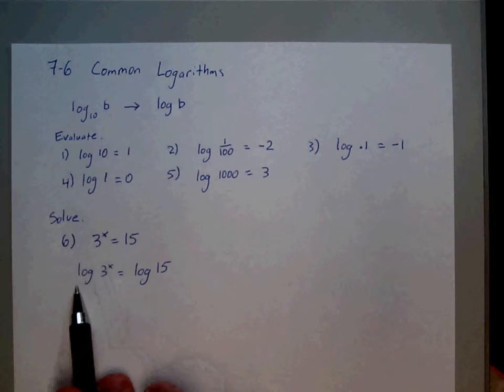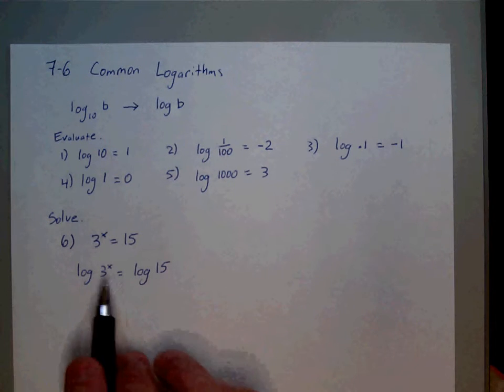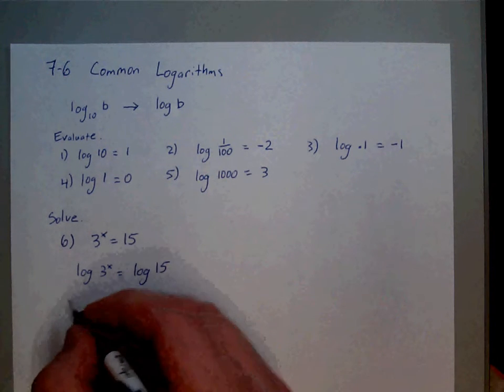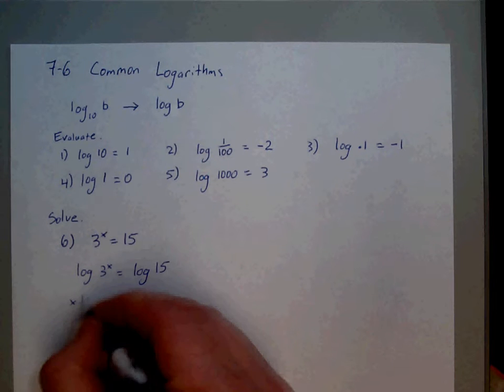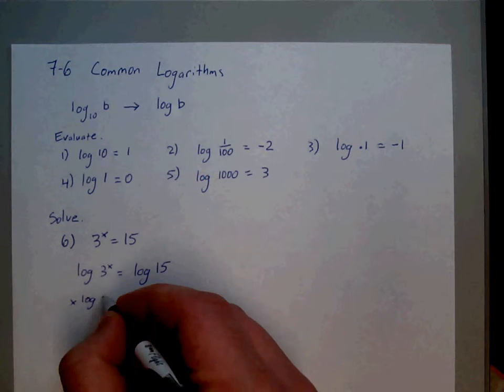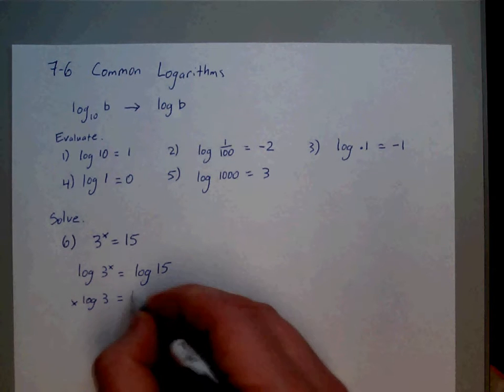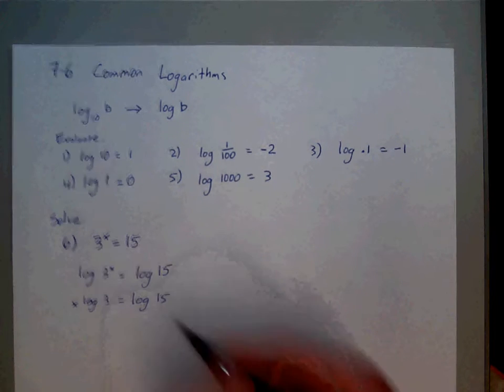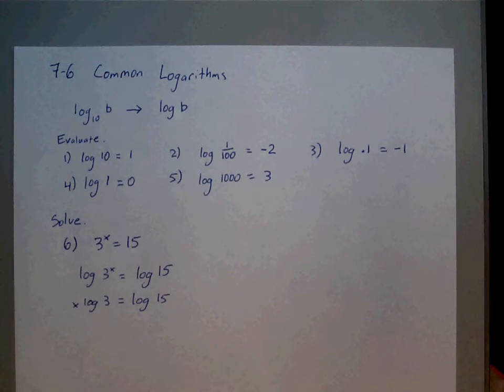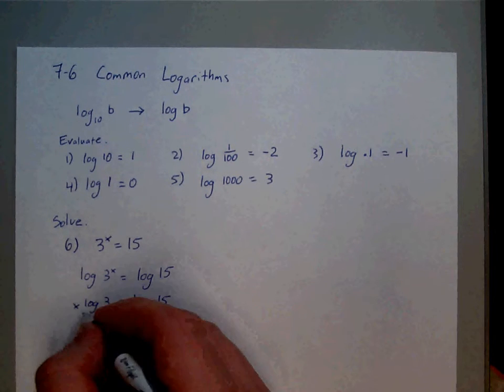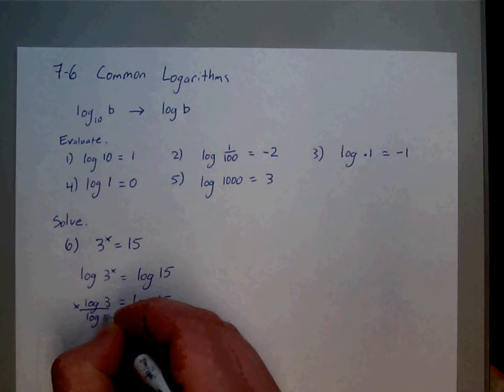There's an exponent inside of a log. We learned this when we were expanding, that that exponent can become a coefficient in front of the log. So that's how I free the x out of the exponent. So I have x times log of 3 equals log of 15. So I logged both sides, and now I'm trying to solve for x, so I could divide by the log of 3.